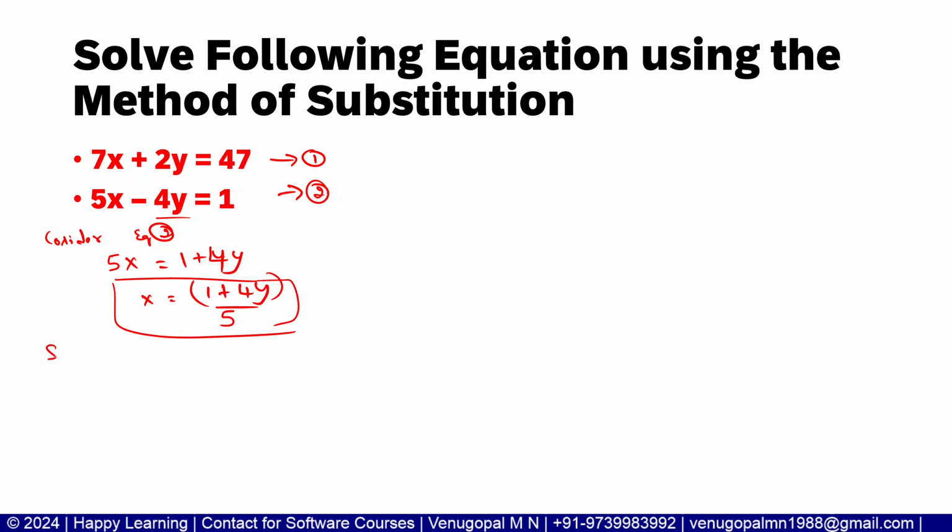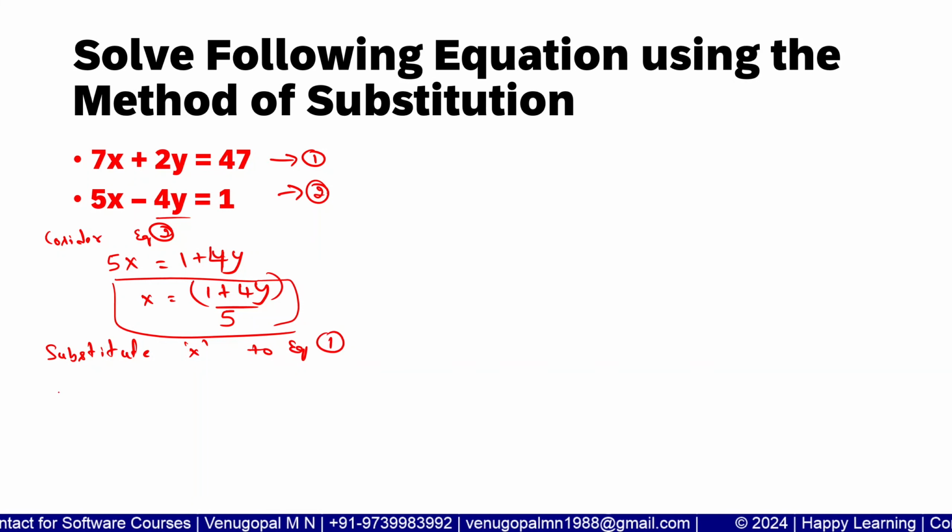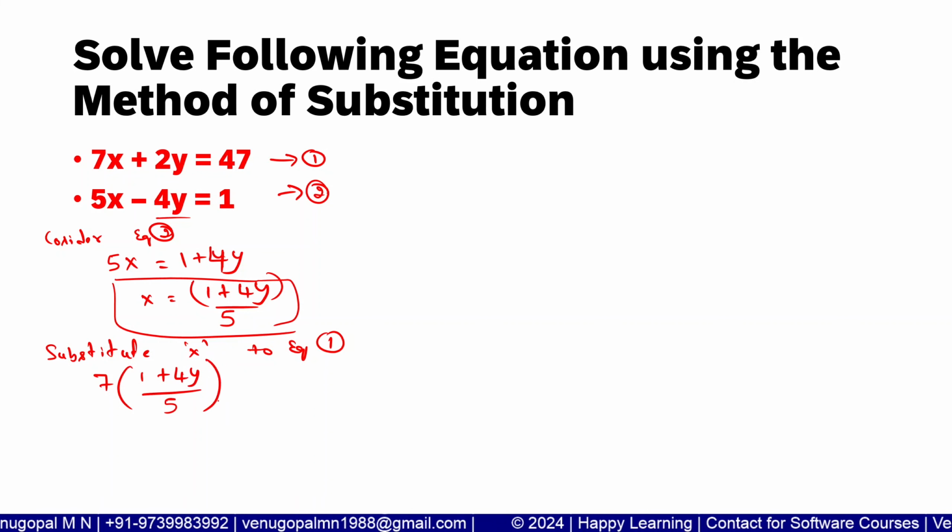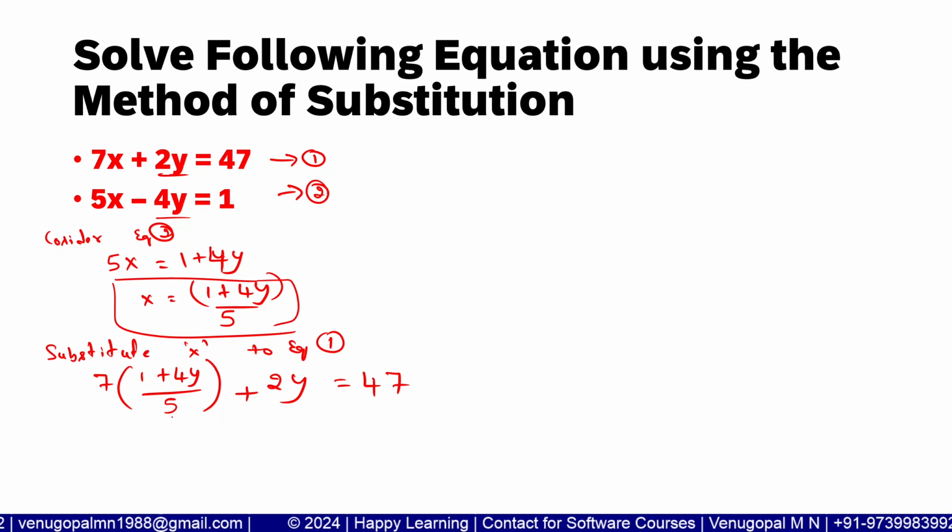Now substitute the value of x into equation 1. Okay, so now 7 into, instead of x, what do we have to substitute? (1 plus 4y) divided by 5, plus 2y is equal to 47. Now if you want to remove the denominator, you will have to multiply the entire equation by 5, correct?